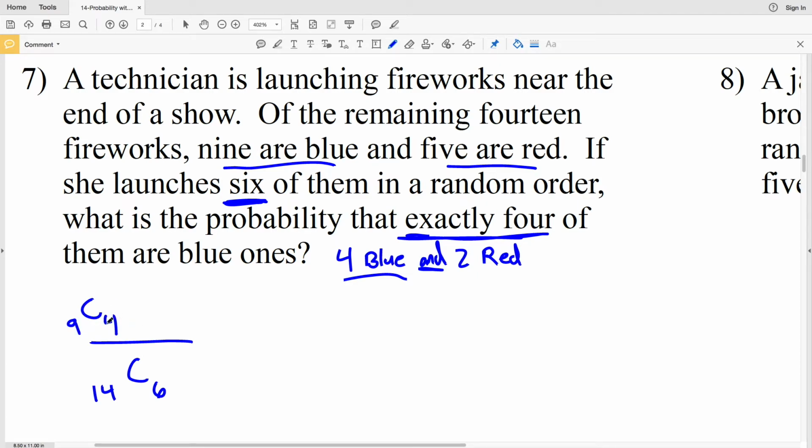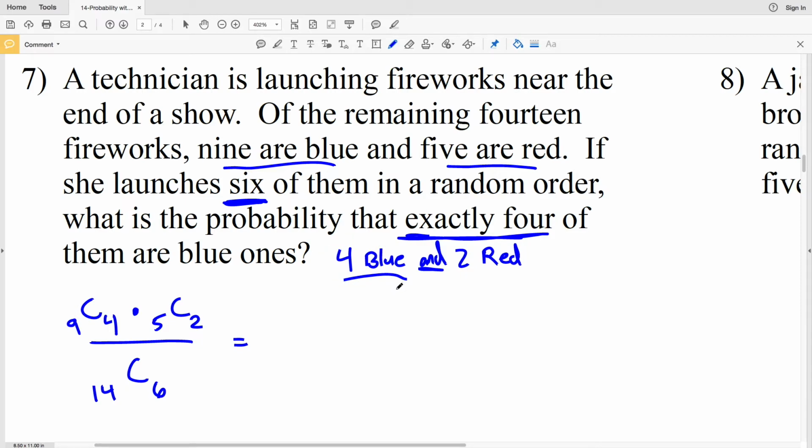So we're going to be multiplying the different combinations of getting blue by the different combinations of getting red. So if there's 5 red total, and we get 2 red, that's 5 choose 2. So looking at our specific combination of blue and red, and dividing that by the total combinations, that will give us the probability of exactly 4 blue and 2 red.